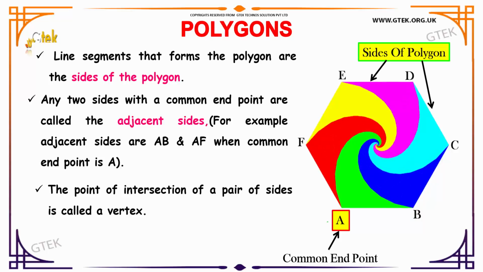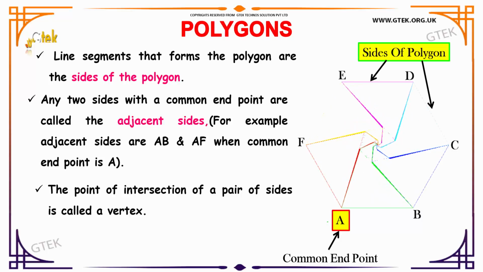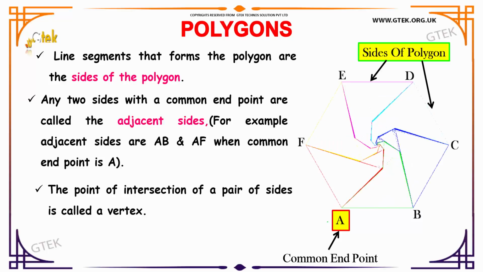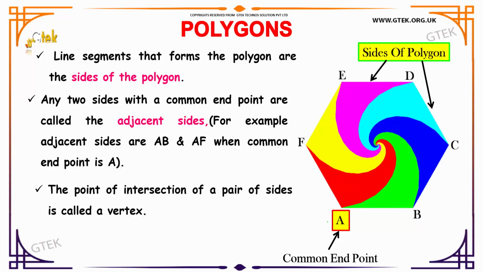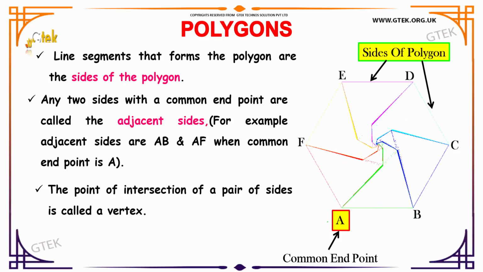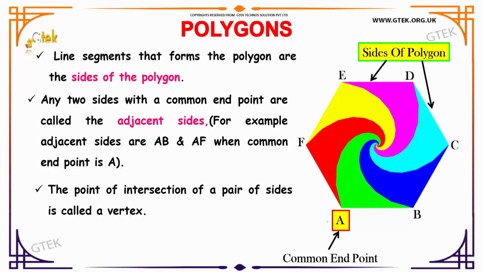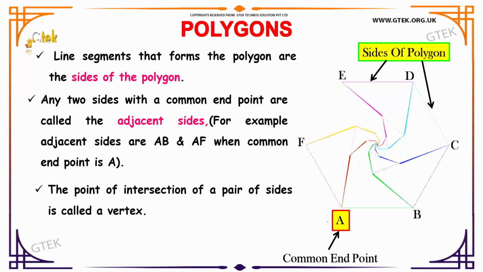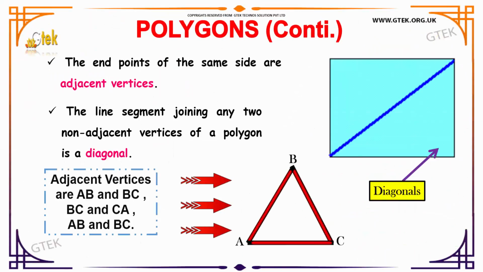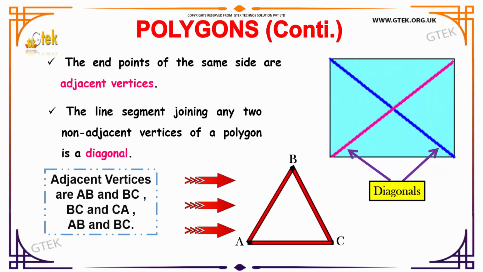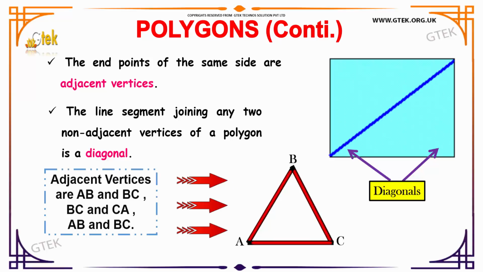The point of intersection of a pair of sides is called a vertex. The point of intersection of a pair of sides such as EF and FA is F, because that is a vertex and it is a point of intersection. The endpoints of the same side are said to be adjacent vertices.